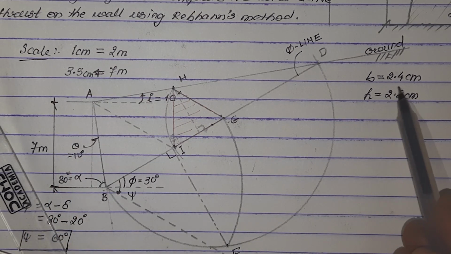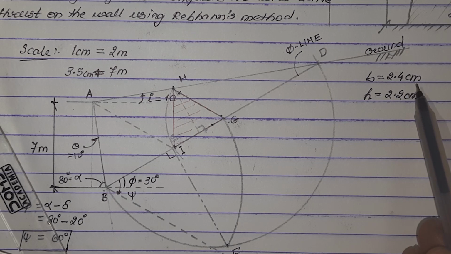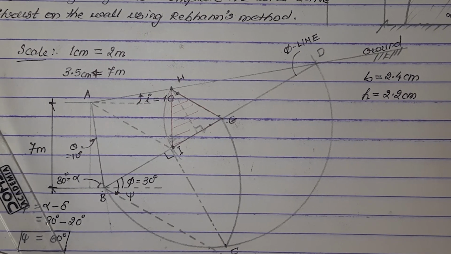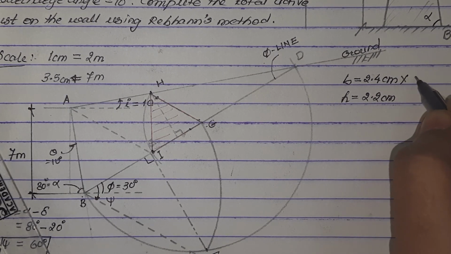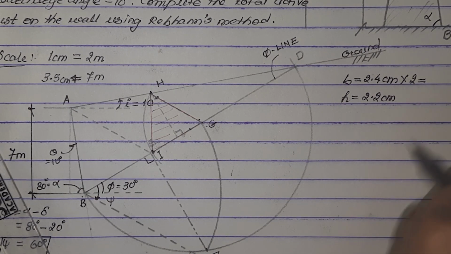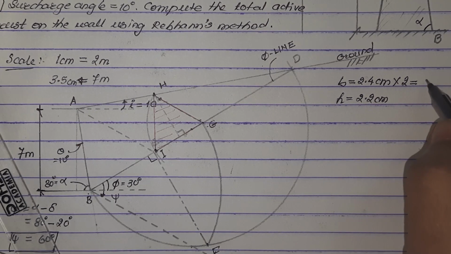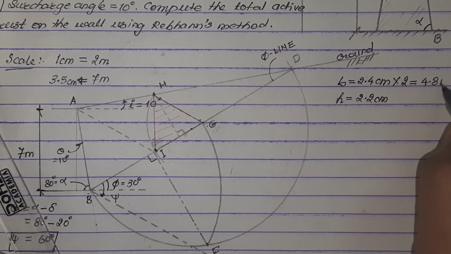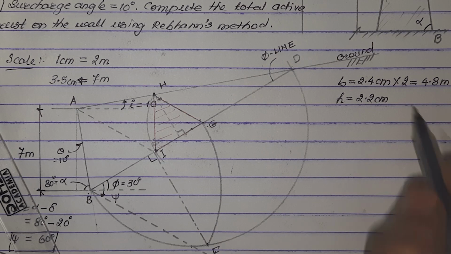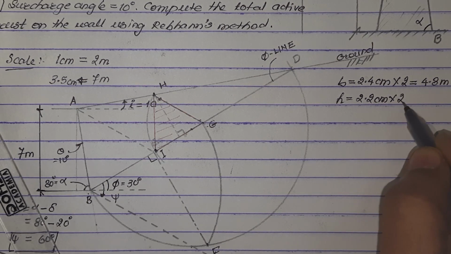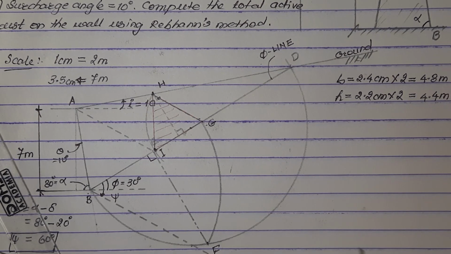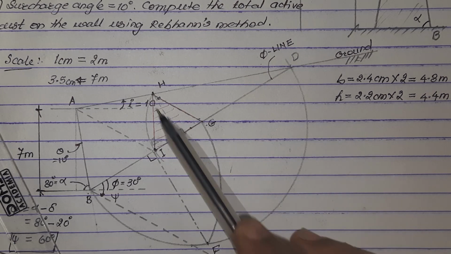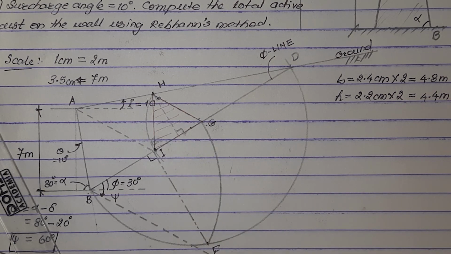Therefore, base is 2.4 centimeter. Hence, on the side, what will be the distance? It would be multiplied by 2, which will be written as 4.8 meter. Here also it will be multiplied by 2, which will be 4.4 meter. Now using this base and height, we can easily find out area of the triangle.